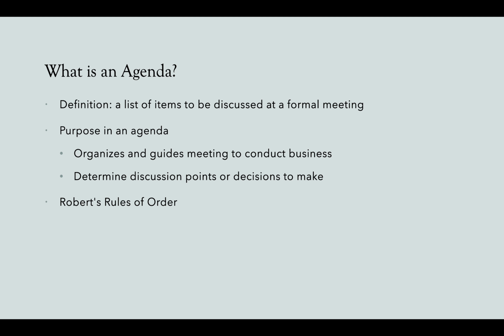So the purpose of an agenda really is twofold. It is to organize and guide the meeting to discuss business, but it's also to determine discussion points or how you want to make your decisions. The other thing that comes a lot of the times with agendas is Robert's Rules of Order. I know that faculty and staff senate use it on campus, and SGA also uses it. You as an organization are not required to use it, but it is a handy tool if you ever want to freshen up on it.